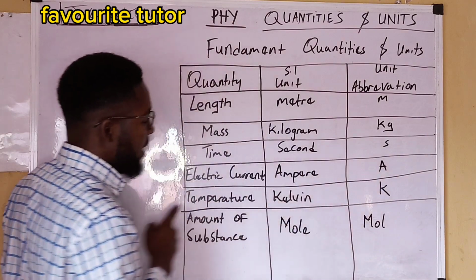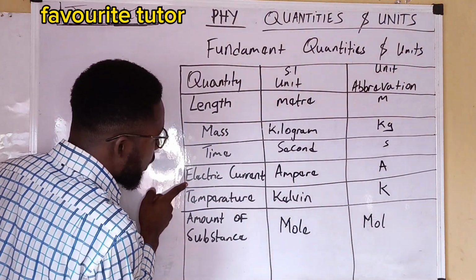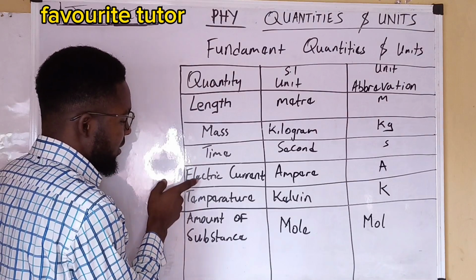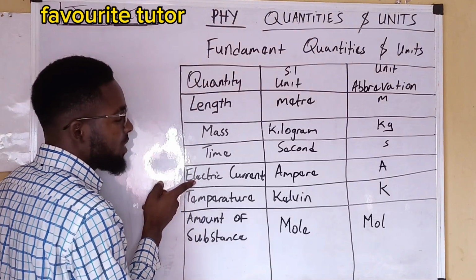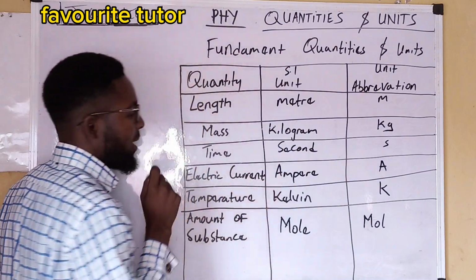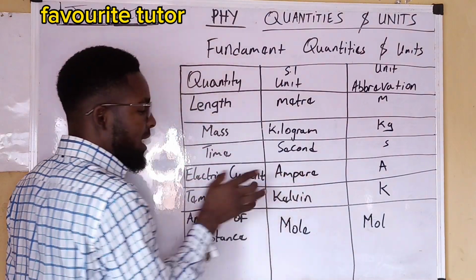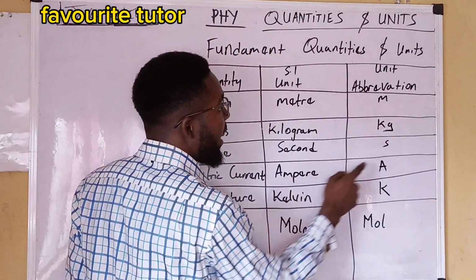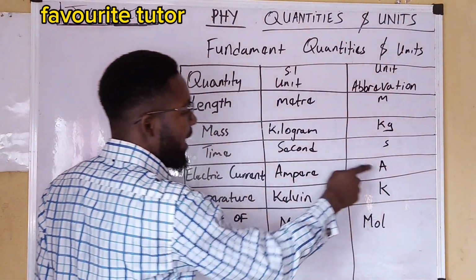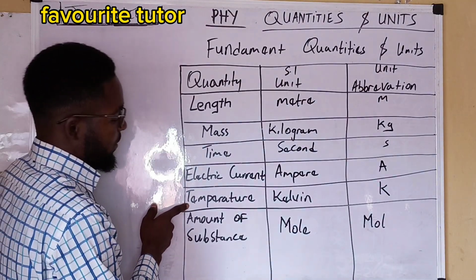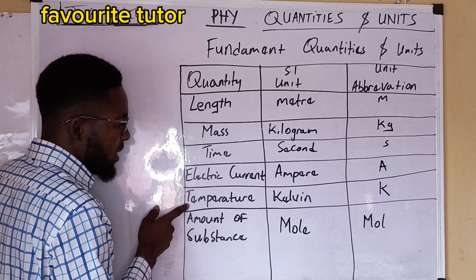Small letter s. Electric current is a fundamental quantity. For its unit, we use the name ampere, because this is the name of the scientist that gave us the illustration for electric current. The abbreviation is A, capital letter A. Temperature is a fundamental quantity.